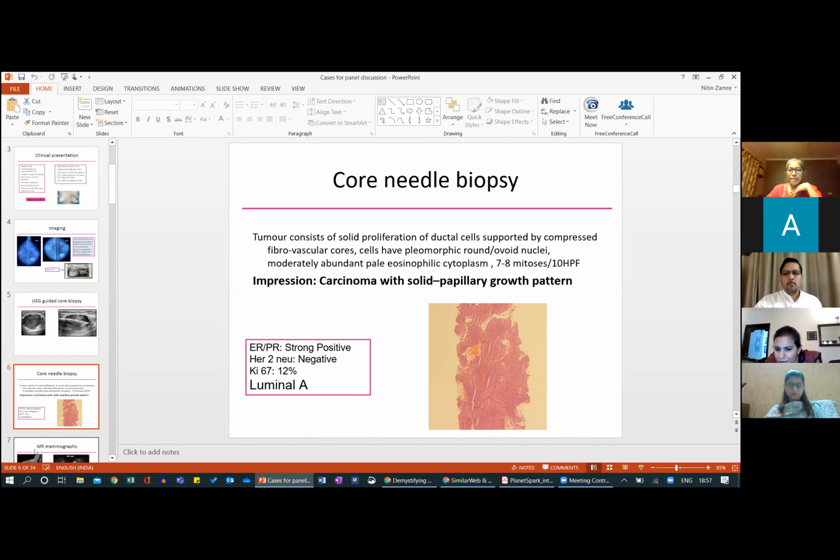Now from this image per se, I can't say that there is a delineation from a duct. So whether it is in situ or invasive is difficult to say just keeping this image in mind. But definitely it is a malignant lesion. It is a malignant papillary carcinoma. Whether it is in situ or invasive cannot be commented on this core.